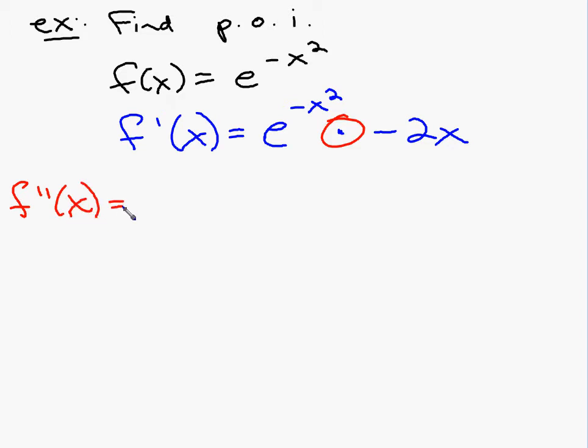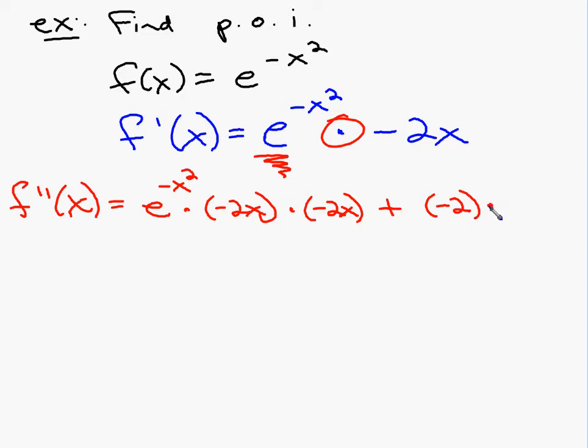The derivative of the first function is the same thing, e to the negative x squared times negative 2x. There's the derivative of the first times the second the way it is, which is negative 2x, plus the derivative of the second function, which is just plain old negative 2, times the first function the way it is, e to the negative x squared.